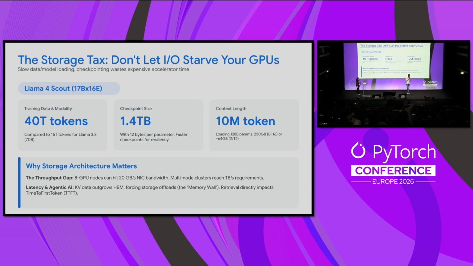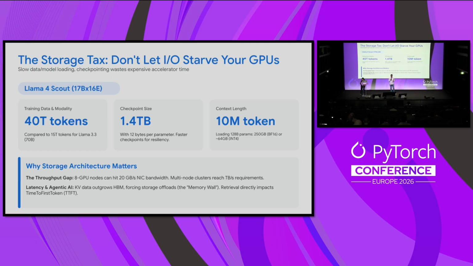It's incredible to see the amount of innovation that is happening in PyTorch. And as your models evolve to support various business challenges and multimodalities, they're paying a hidden tax called storage tax. Let me explain that storage tax with a specific example.